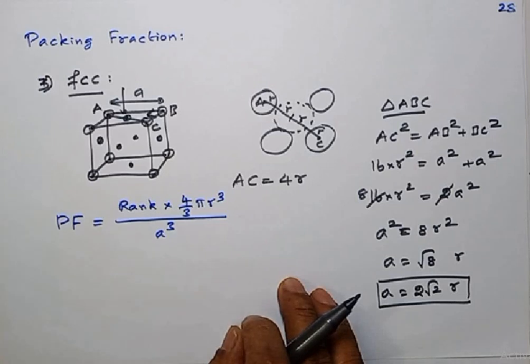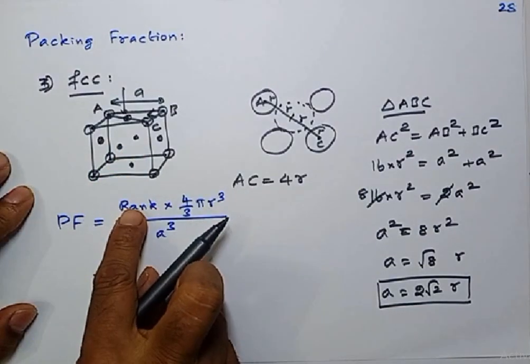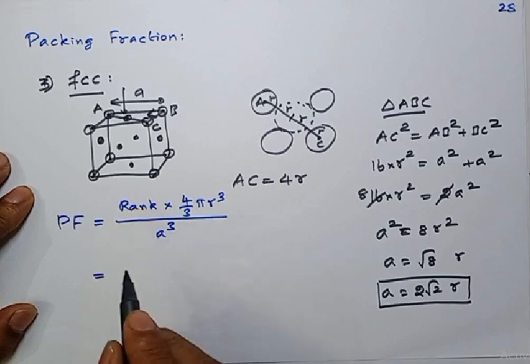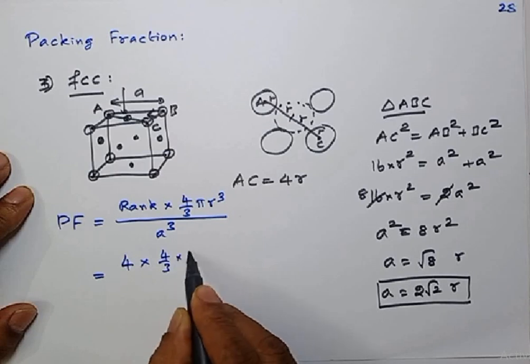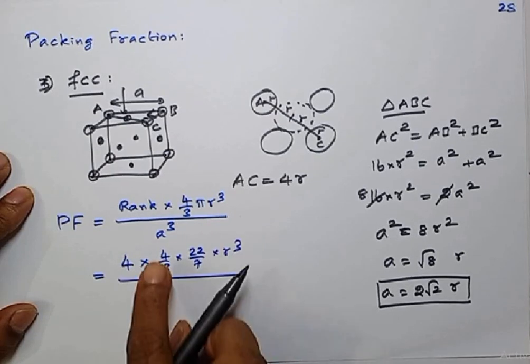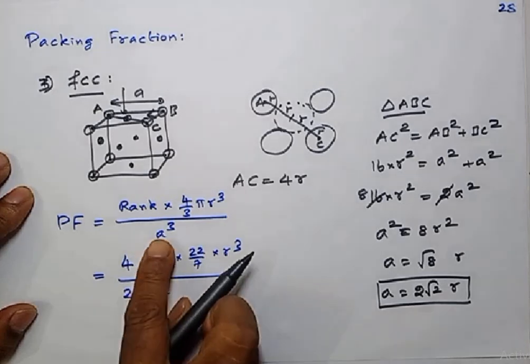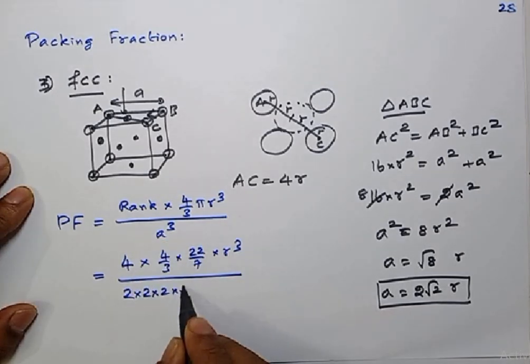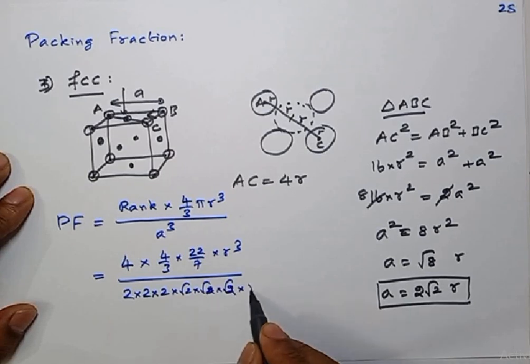For FCC, the number of atoms per unit cell is 4. So 4 into 4 by 3, pi value 22 by 7 into r cube, divided by a is 2 root 2 r, cubed: 2 into 2 into 2, root 2 into root 2 into root 2, then r cube.